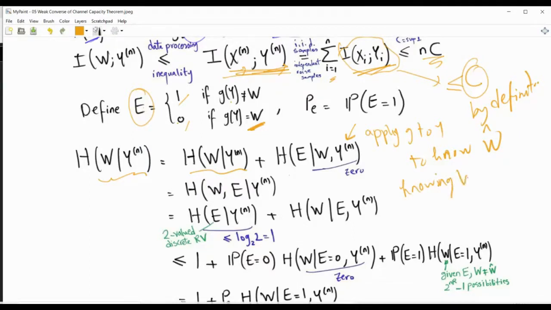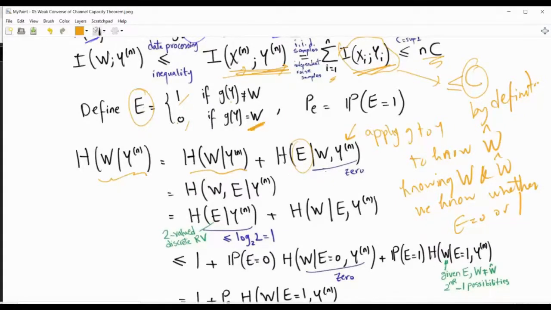Knowing W and W hat, we know whether E is 0 or 1. E is a Bernoulli random variable telling you whether you get it right or not. Conditioned on W and Y, you know E, because you apply some deterministic function to Y to get the estimate W hat, and then you can compare W and W hat.